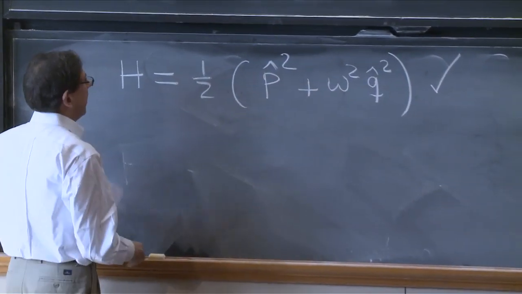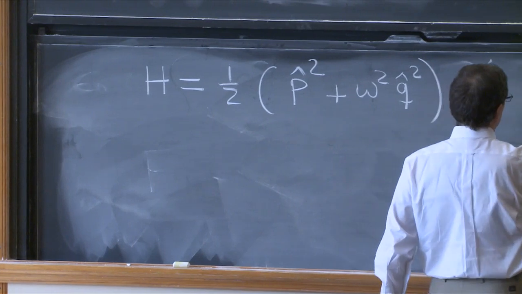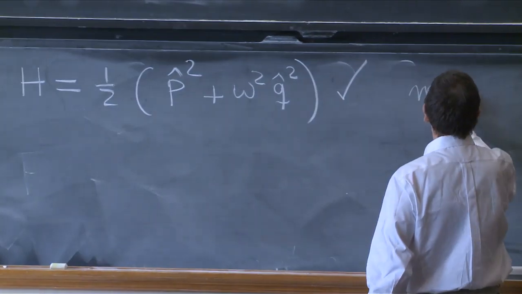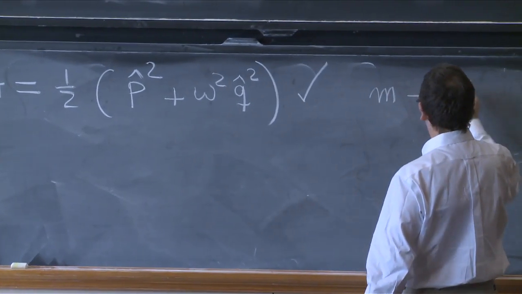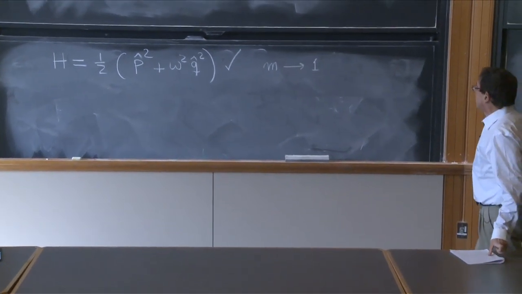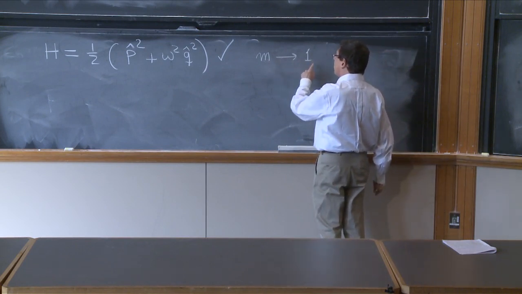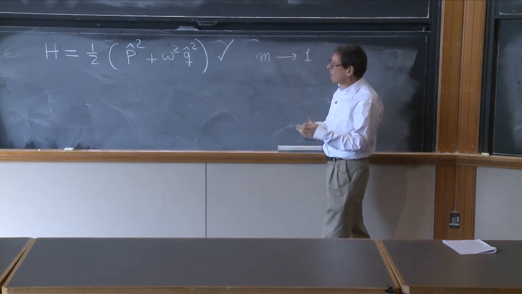And what are they? Well, we had formulas with masses, but now mass goes to 1. So no, the units, you cannot in general let a mass go to 1 in a formula unless you're going to do something with the units.